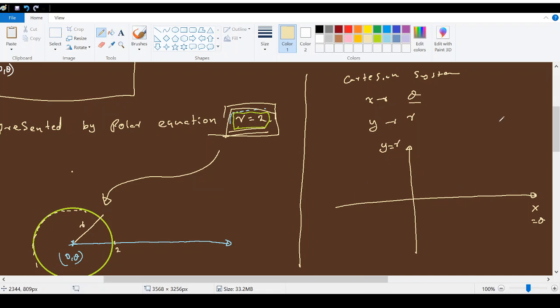If we plot this same relationship in this plane, which is a Cartesian system, then it will be just a horizontal line passing through 2, right? See, you have the same equation but a totally different diagram. That entirely depends on the coordinate system that we use. So you must identify these differences very clearly.